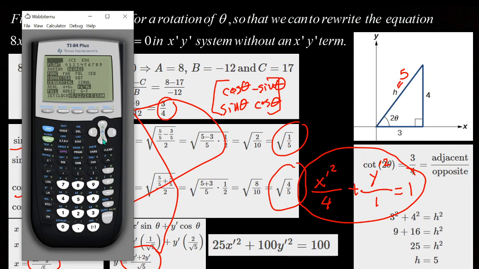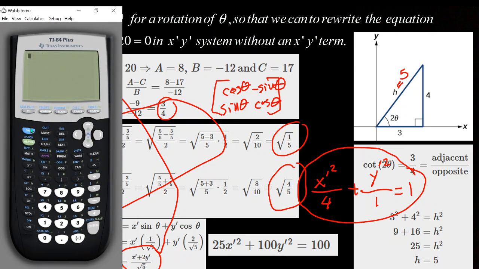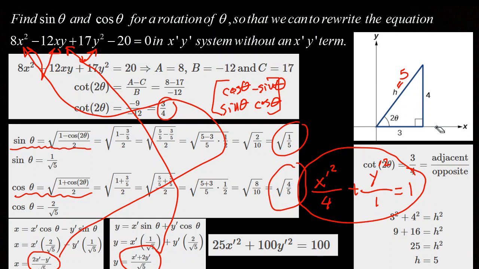Yeah, I'm in degree mode. No, I didn't do sine inverse. The second key didn't work. 1 divided by square root of 5. Oh, my second key keeps not working. All right, there you go. So it's 26.5 degrees. So if you rotate the axes about 26 degrees, right?